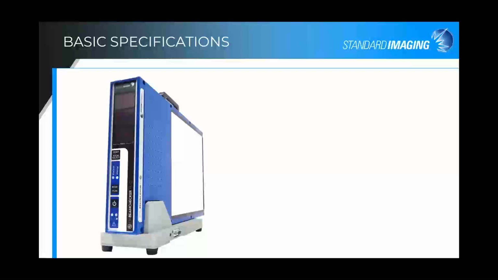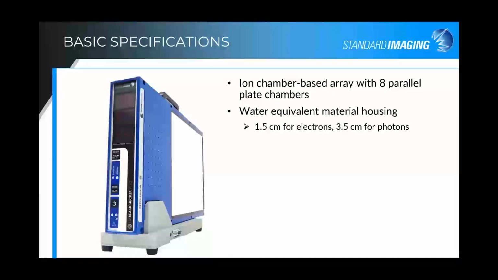Some of the basic specifications of the QA BeamChecker Plus: it's an ion chamber based array with 8 parallel plate ion chambers. It's got a water equivalent housing, so it's got built-in build-up for electrons and for photons.